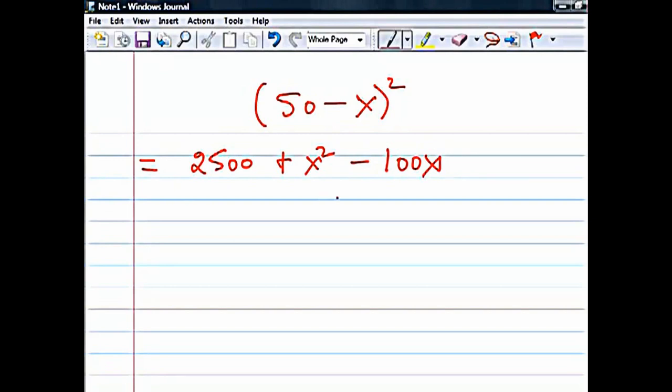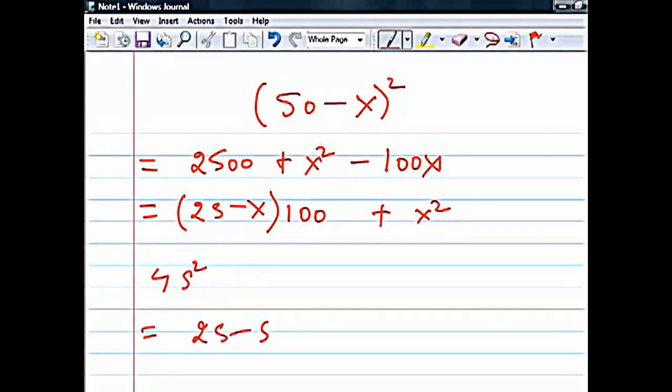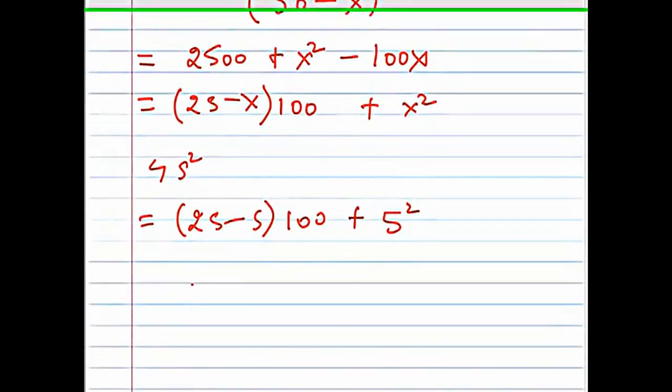Now it can be written as 25 minus x into 100 plus x square. Now if I have to do the 45 square, it's simple. I have to write 25 minus 5 into 100 plus 5 square.